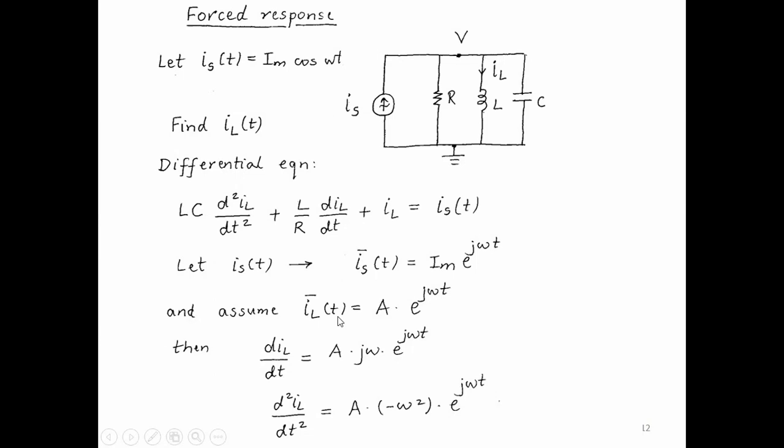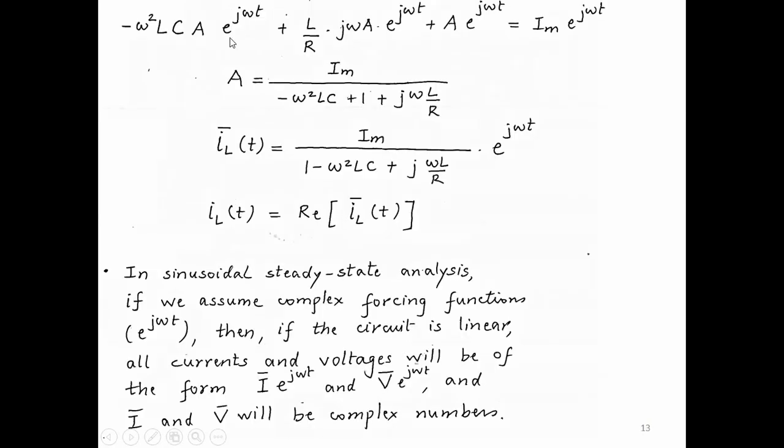If IL is this, then dIL dt can be found. The derivative is A j omega e raised to j omega t, and the second derivative will be A minus omega squared e raised to j omega t. Then we substitute this back.